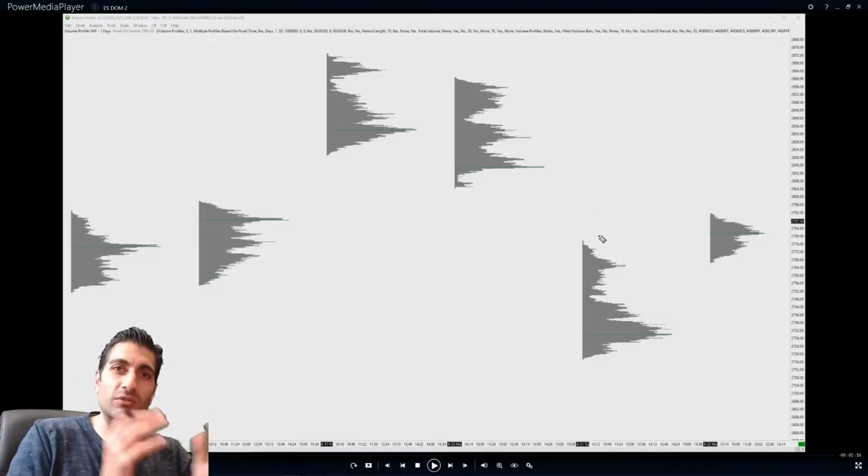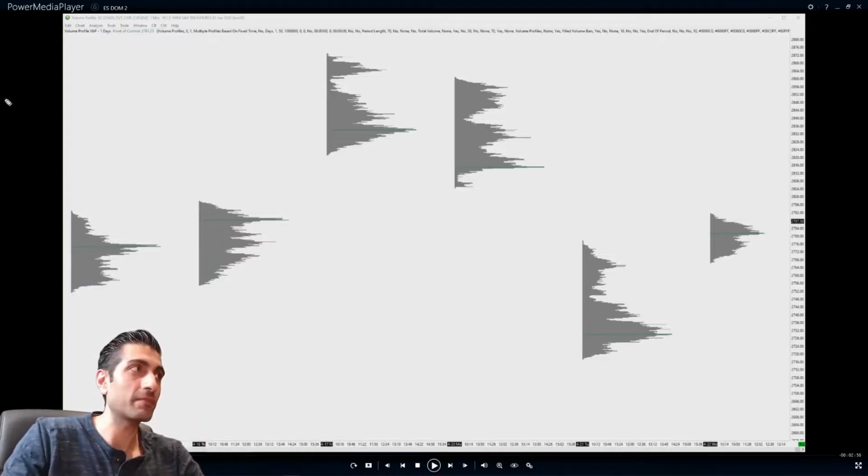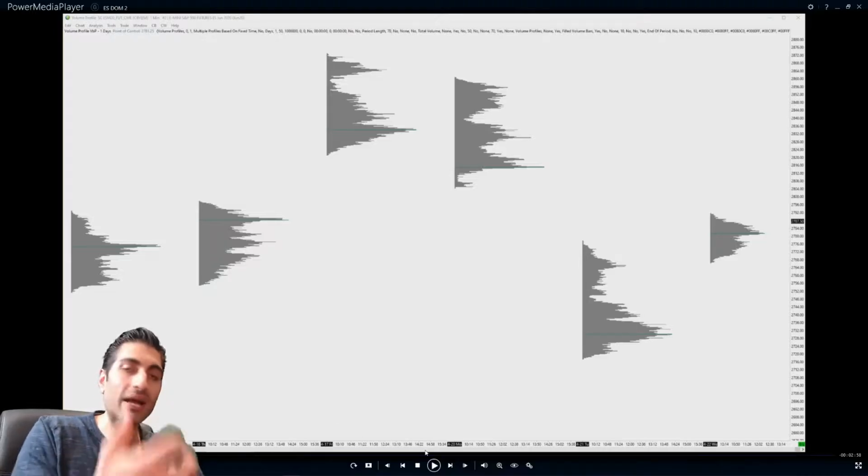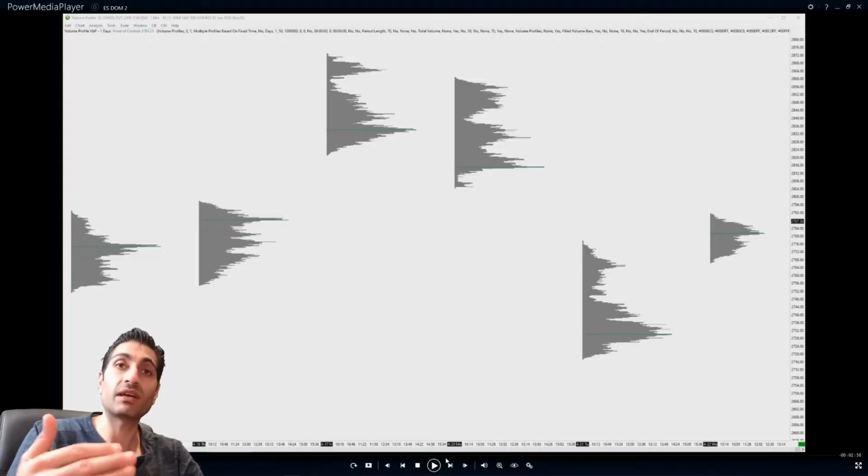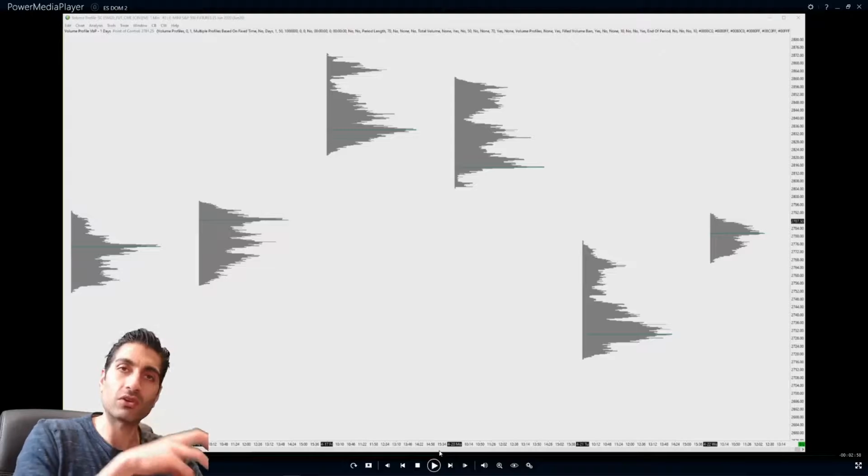I like to see volume profiles over a bigger period of time to get a real feel for how the market is balancing and imbalancing and shifting where it sees fair value, according to decisions that are going on off the chart. But we can talk a little bit about that later.